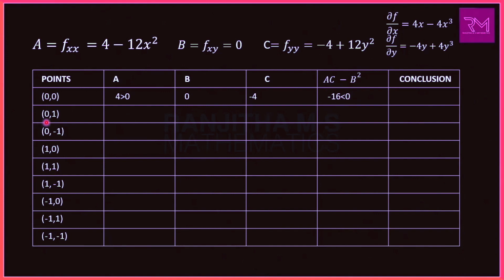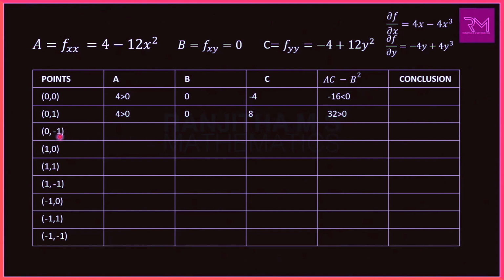In a similar way, we put x value is 0, y value is 1. Hence we get a value is 4, which is greater than 0. Here b is 0 itself, c is minus 4 into y is 1, hence we get minus 4 plus 12 is plus 8. Here ac minus b square is 4 into 8 is 32, which is greater than 0.